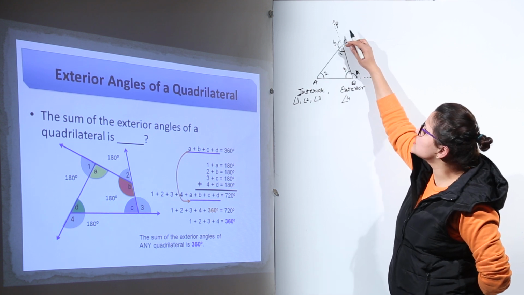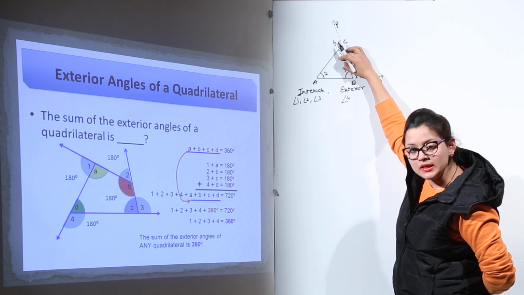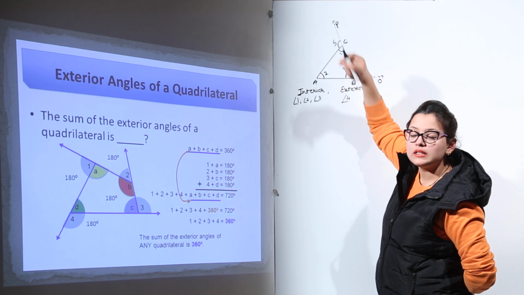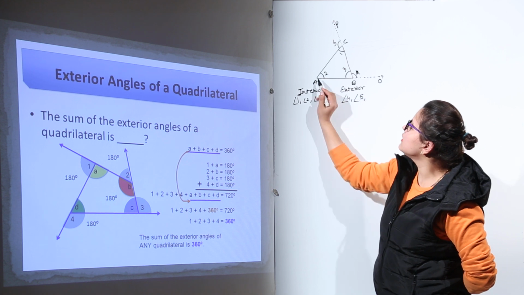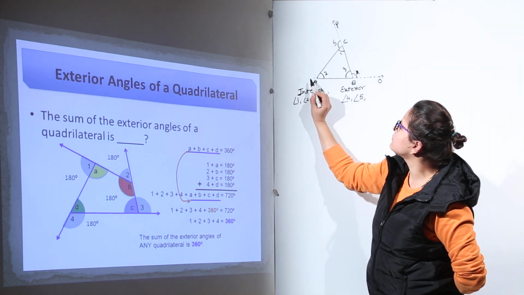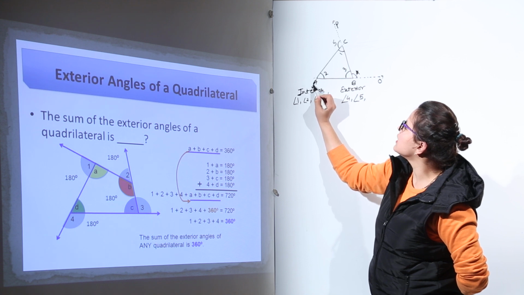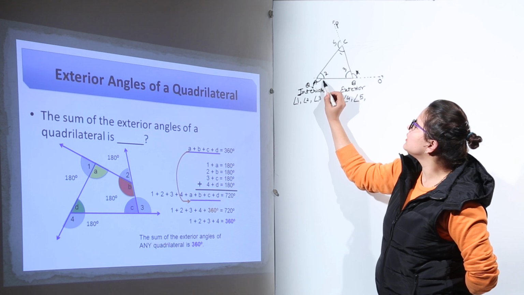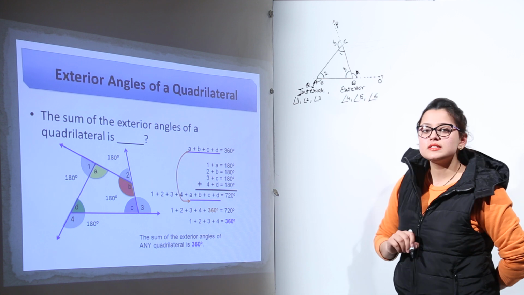So the angles which are formed with the sides of this polygon are the angles of this polygon, but if the angle is lying outside the polygon, that will be known as the exterior angle. Similarly, we extend this one further to some point, say Q. Then this angle formed will give me the next exterior angle, that is angle 6.